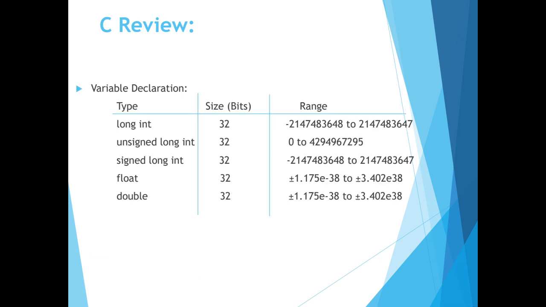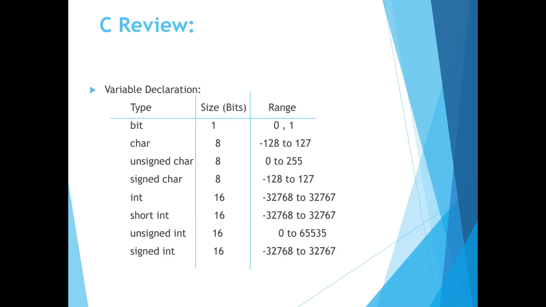And the rest of that is in this slide: long int, unsigned long int, signed long int, float, and double. You see that all of the variable types, size, and range are given here.